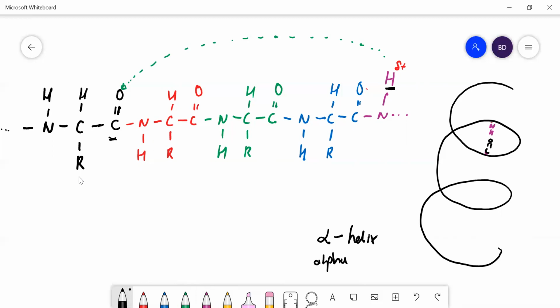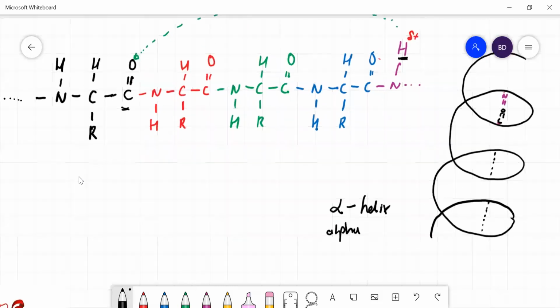Okay, so you get loads of these hydrogen bonds across, holding the whole thing together. Right, that's called an alpha helix. And not all of the protein chain is forming alpha helix, but quite often a lot of it is.